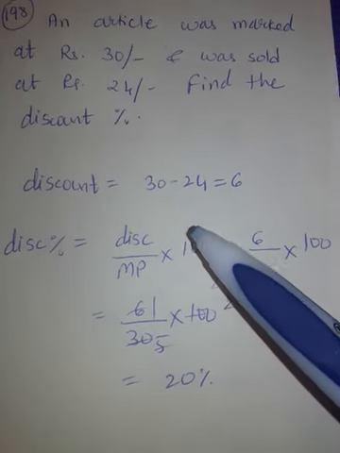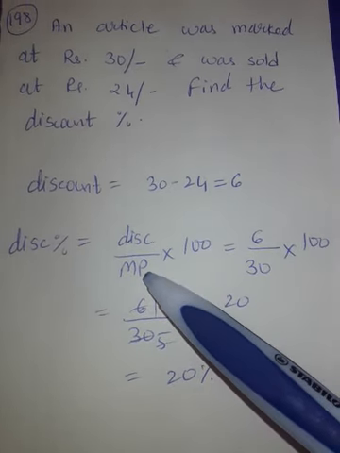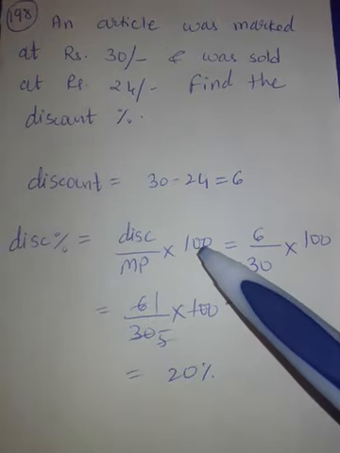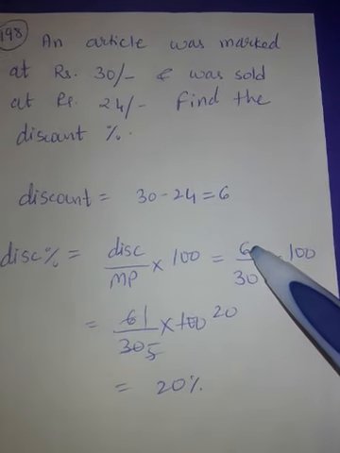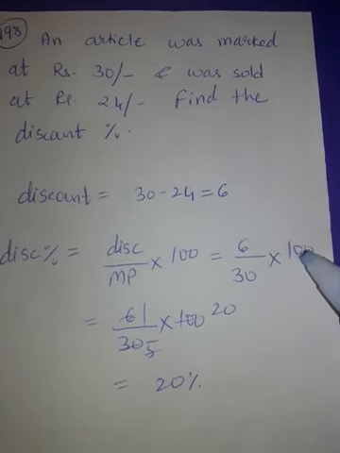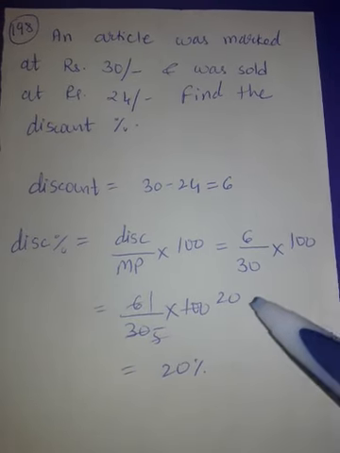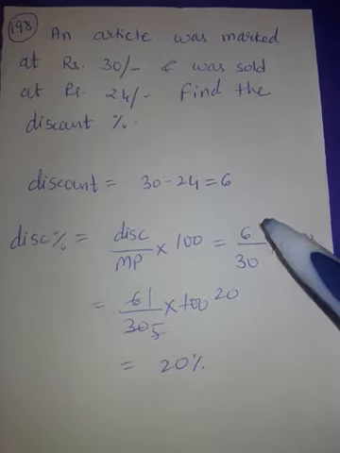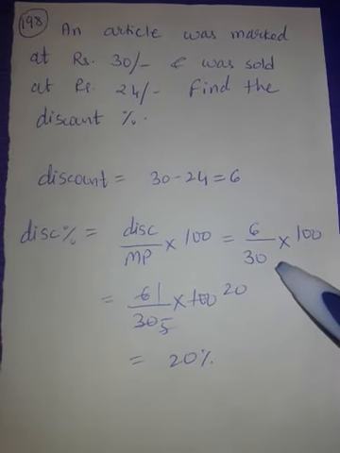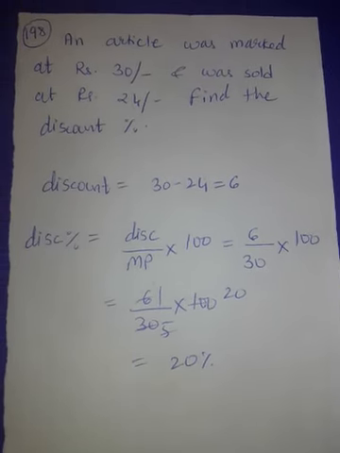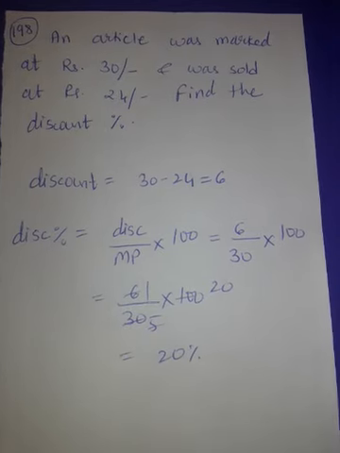It is discount upon mark price into 100. So 6 upon 30 into 100. 6 ones are 6, 6 fives are 30, and it gets cut. So the answer is 20. Discount percent is 20.